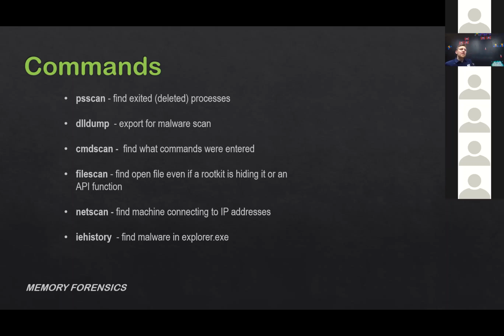So IE history is a command that can find some malware in Explorer or Internet Explorer. And there's numerous different commands, but this is kind of a top level generic. If you want a shortcut or a Cliff Notes version of how do I run Volatility, this is going to be the command set that you're going to want to utilize.